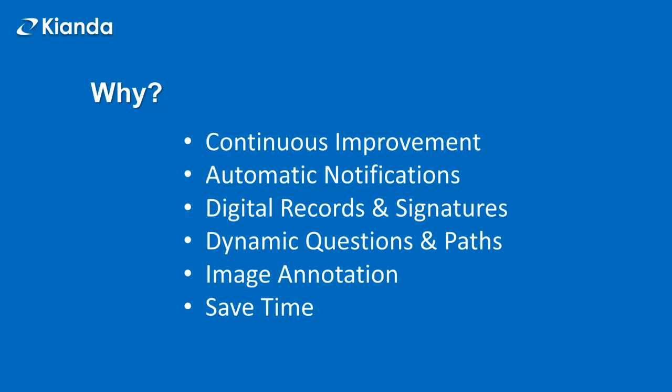Digital records and signatures is also a no-brainer, where, for example, you would be able to get an inspector going on a particular site and require the site project manager or someone else on site to digitally sign the inspection that just happened. That is also a really great way of ensuring that things are being captured in the right manner.